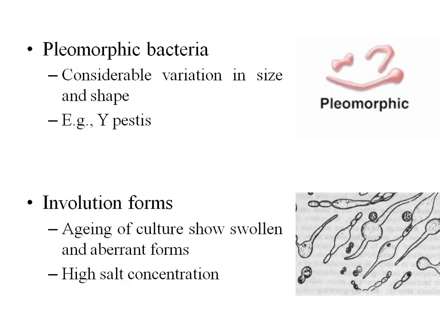Some pleomorphic bacteria have considerable variation in size and shape, for example Yersinia pestis. Involution forms are usually seen in aging cultures, and they appear as swollen or aberrant forms. Usually a high salt concentration can produce involution forms.